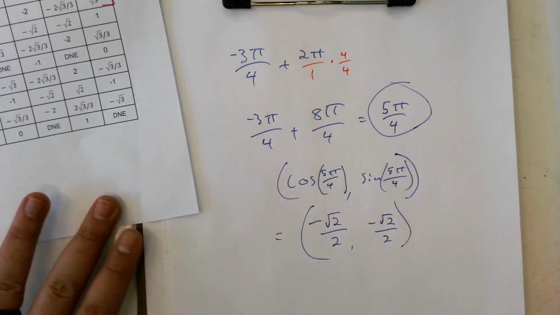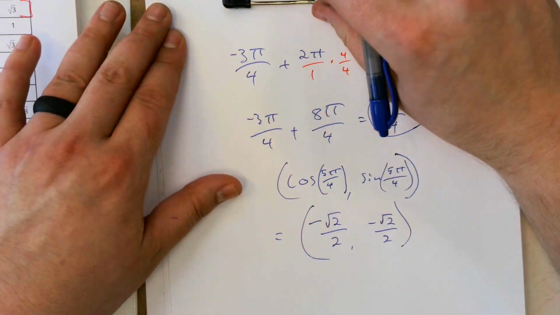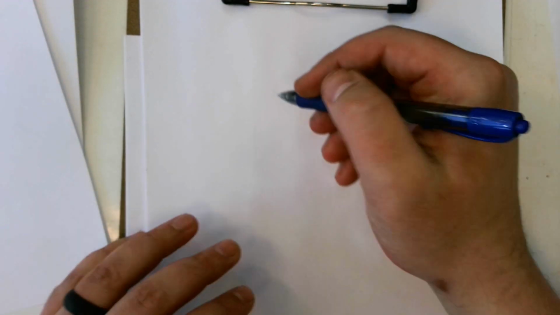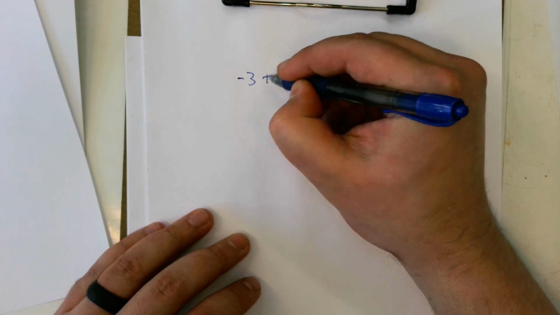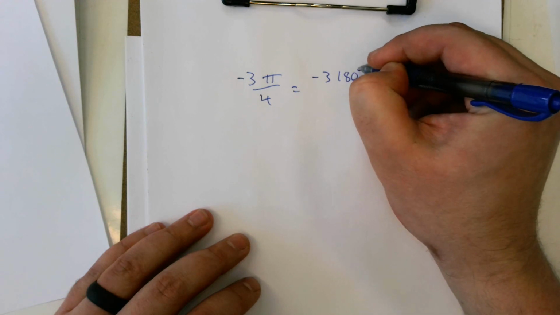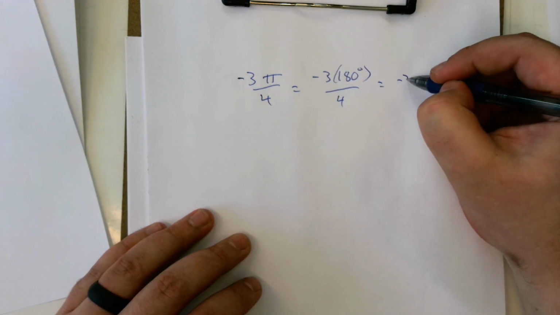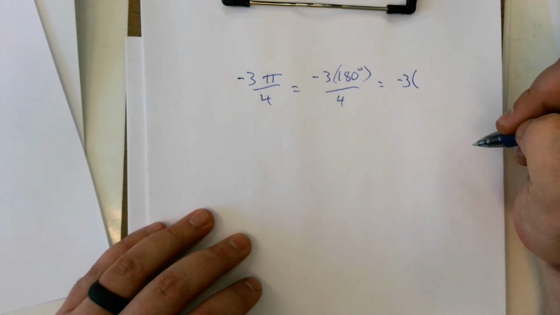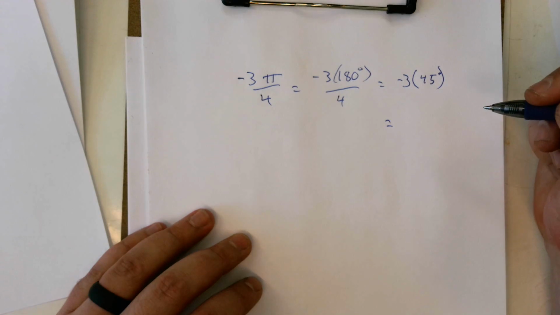And again, if I really just hated radians, how I would approach this problem, I would do negative 3 pi over 4 equals negative 3 times 180 degrees divided by 4. 180 divided by 4 is 45, so negative 3 times 45 degrees. Oh, negative 135.